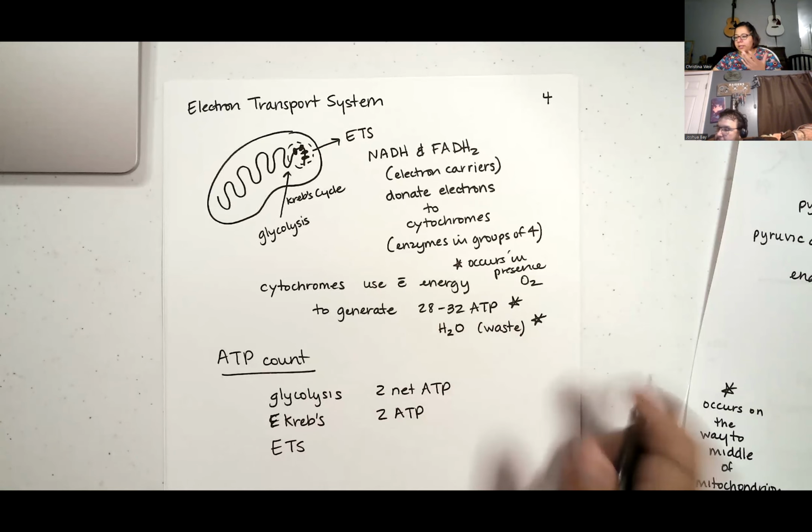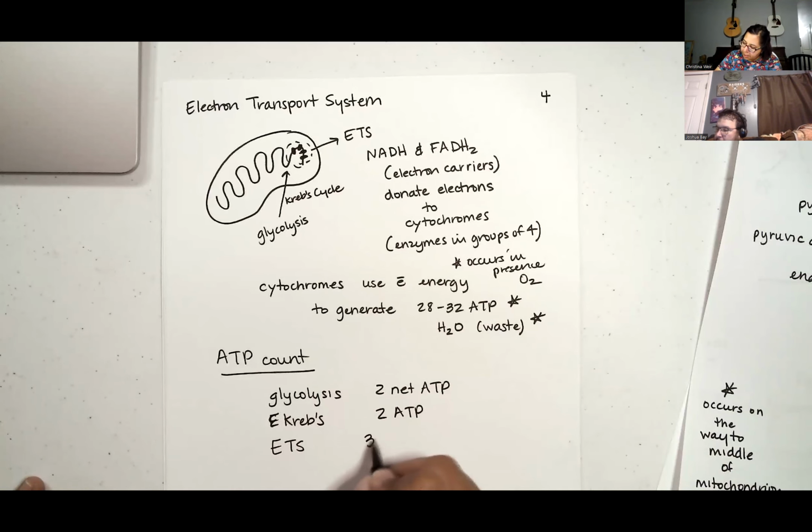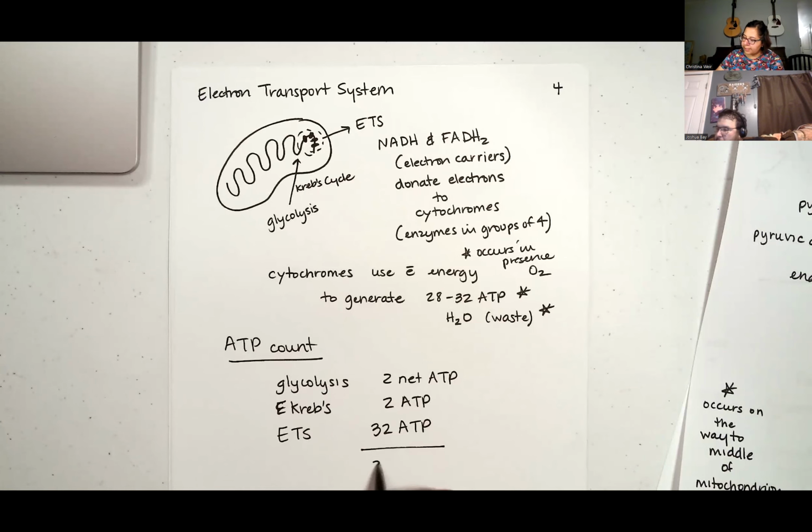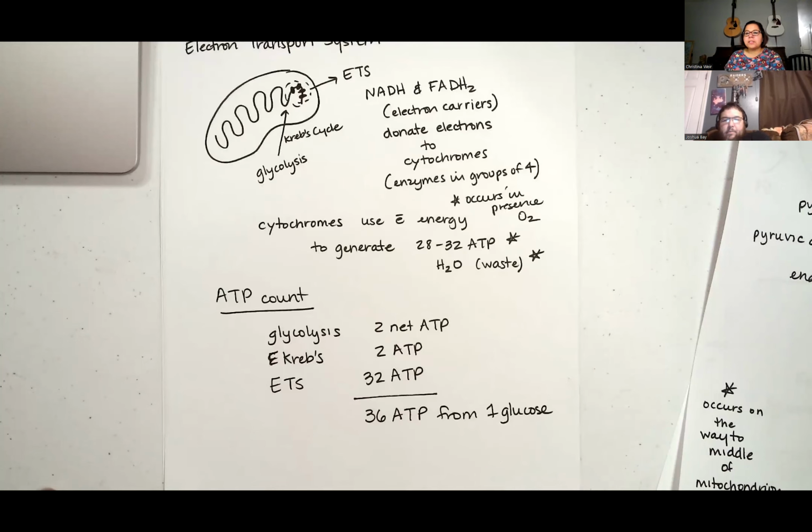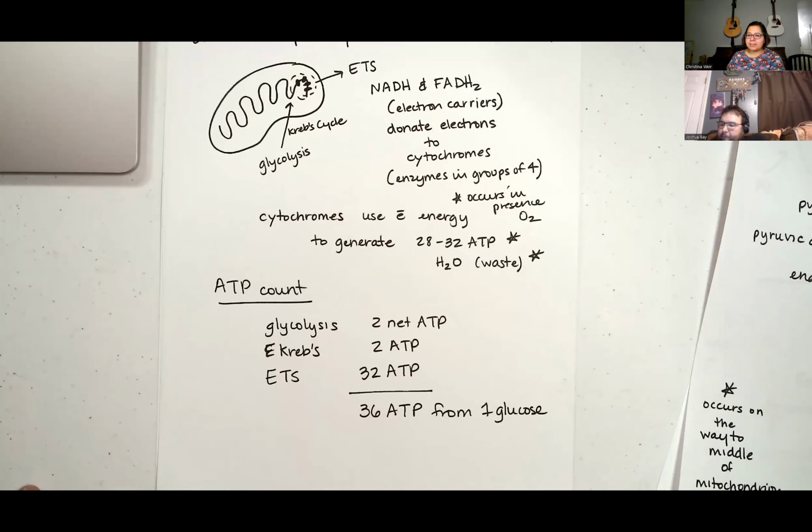So let's just use an average number of about 32 ATP, which is considered the average number that you make. It can be higher or it can be lower, but a total breakdown is 36 ATP from the breakdown of 1 glucose molecule. So if you see a test question or a quiz question that asks you, how many ATP do you get from the breakdown of 1 simple sugar? There's your answer, 36 ATP.